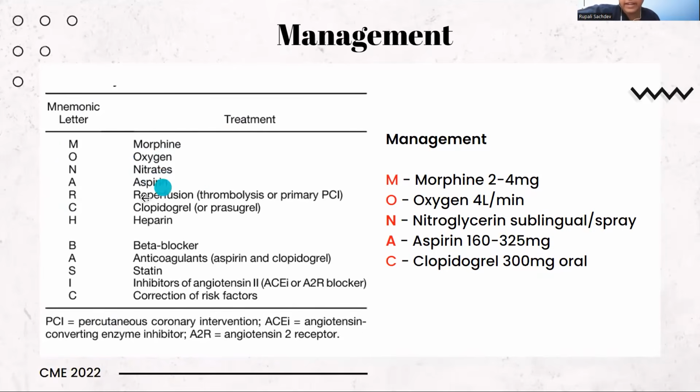Morphine, oxygen, nitrates, aspirin, reperfusion, which I'll cover in the next slide, thrombolysis or PCI, clopidogrel or prasugrel, heparin, beta blockers, anticoagulants, statin, ACE inhibitors, correction of risk factors. So your beta blockers, anticoagulants, statins are something that continues lifelong. Once a patient has had an MI, aspirin will continue lifelong for them, because you have to make sure that it doesn't happen again.